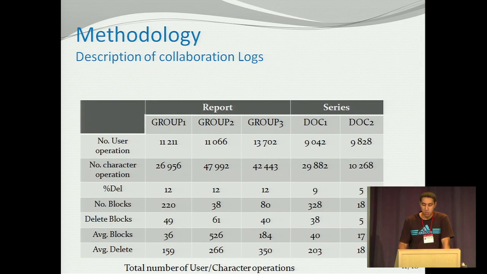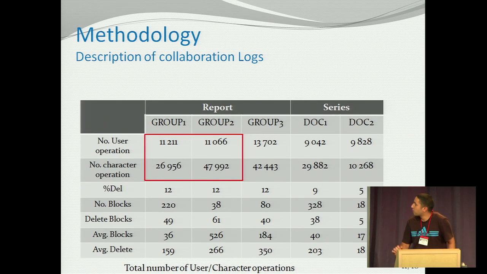After retrieving traces, we made some calculations. In this table, we can see the number of user operations in group 2 is greater than the number in group 1. But the number of character operations in group 2 is also greater than in group 1, because the number and size of copy-paste in group 2 is greater than in group 1.